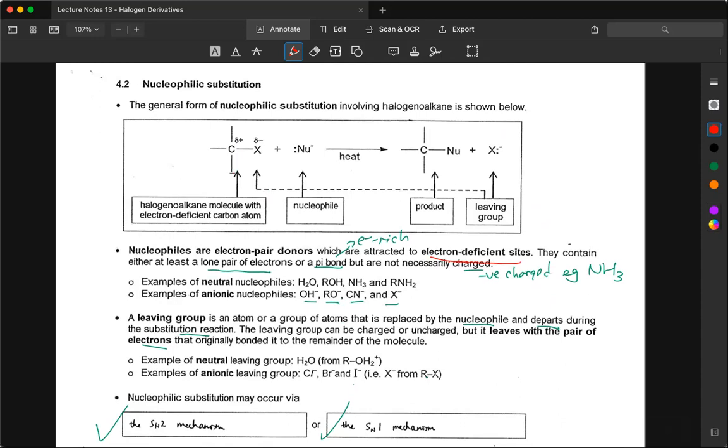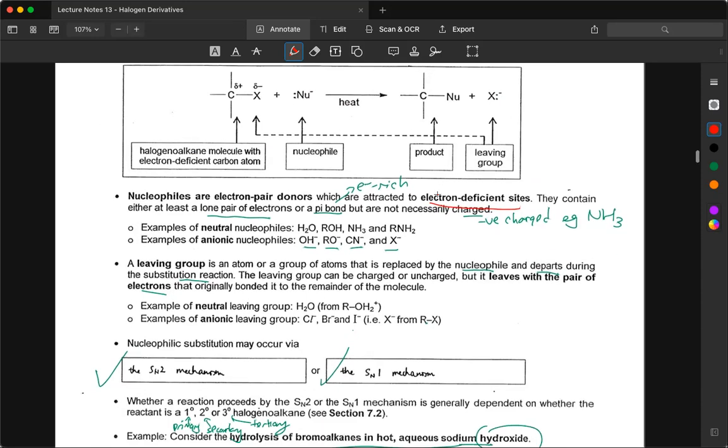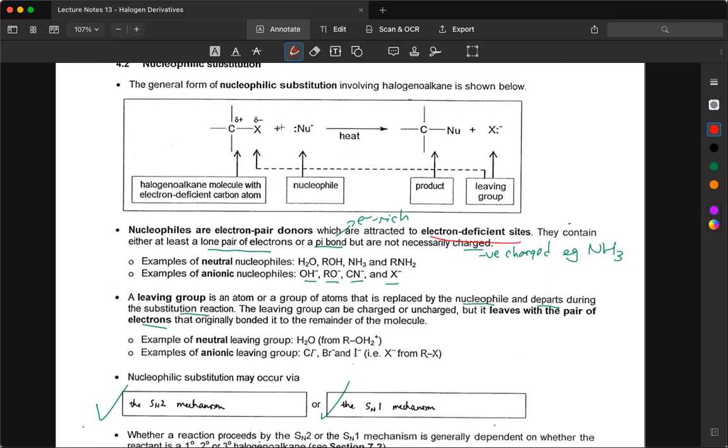The halogen alkane molecule has the electron deficient carbon atom. So when the nucleophile is added upon heating, the nucleophile attaches to the alpha carbon with the halogen as the leaving group. Nucleophiles are electron pair donors.